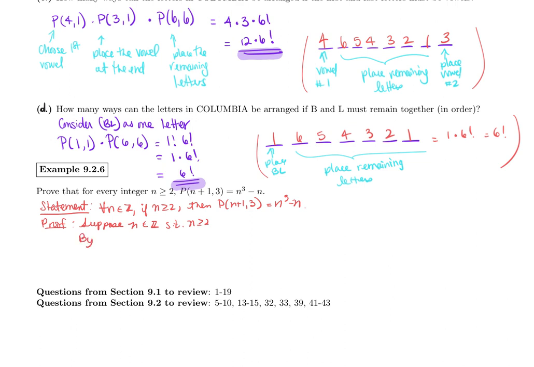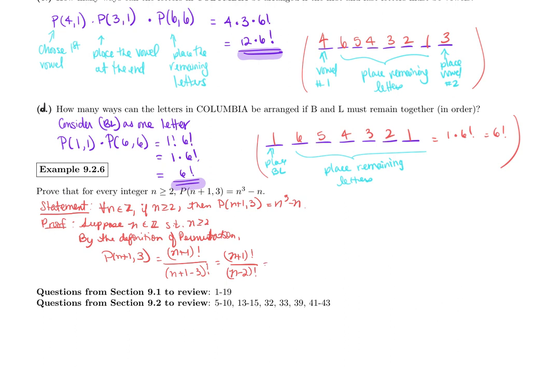And by the definition of permutation, we can say then that P of n plus 1, choose 3, is going to be n plus 1 factorial over n plus 1 minus 3 factorial. So we end up with n plus 1 factorial over n minus 2 factorial.